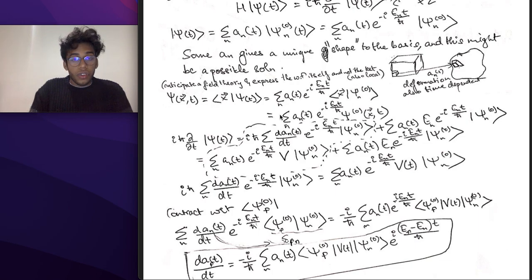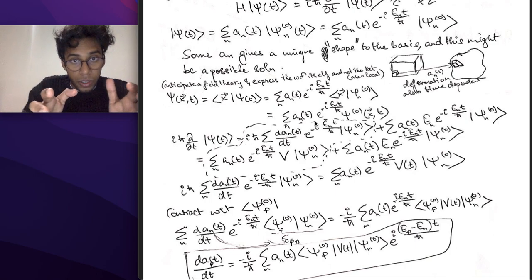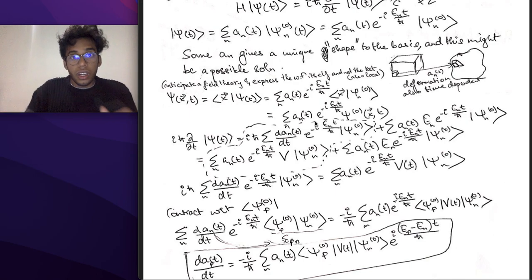Then the evolution of this is given by i h bar dou by dou t. So you take the derivative by the chain rule: you take the derivative of a_n, and then the derivative of e to the power of i E_n t by h bar.